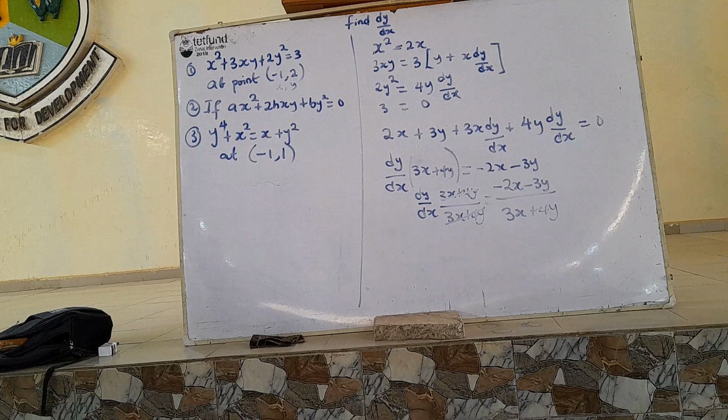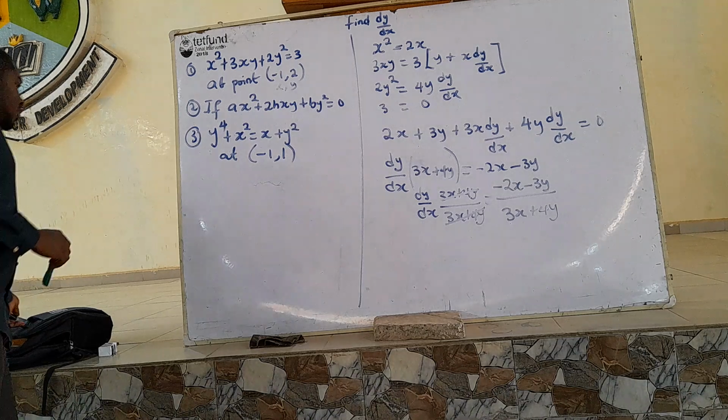Anywhere I see x, I'll put minus 1. Anywhere I see y, I'll substitute minus 2. And that's all. So how cool is that? How simple is this? The only difference is that anytime you are differentiating y, make sure you include the dy dx. And anything concerning implicit differentiation is going to be as simple as A, B, C, and D.